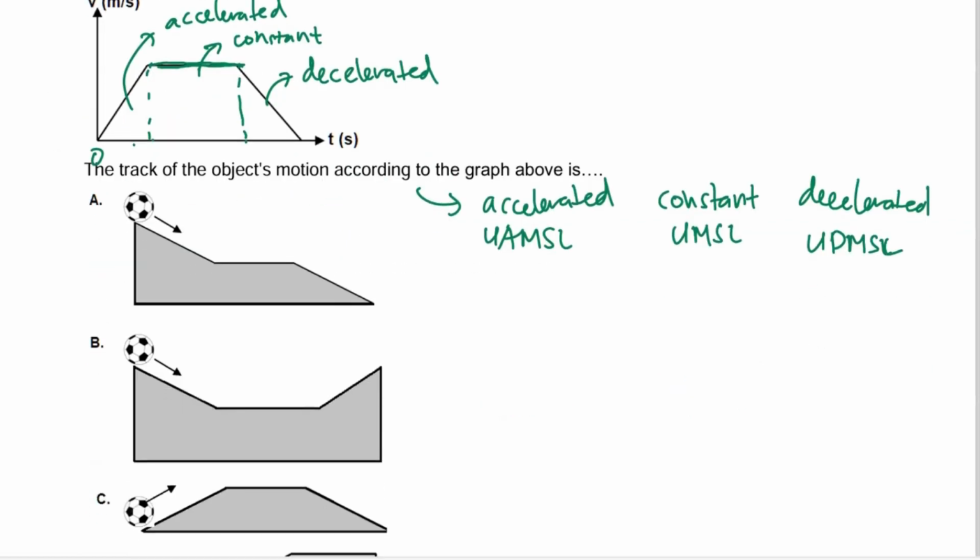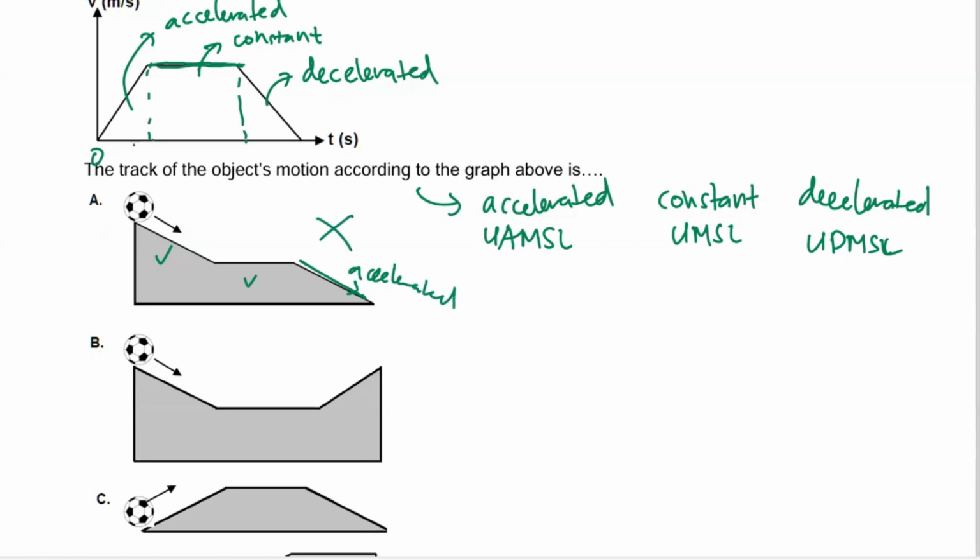So we check. If it's going down, it's being accelerated, yes, and then it moves on a plane, a flat surface, so it's going to be constant. And then decelerated, usually the decelerated one is if it's going up. This is actually going to be accelerated again, so it's wrong.